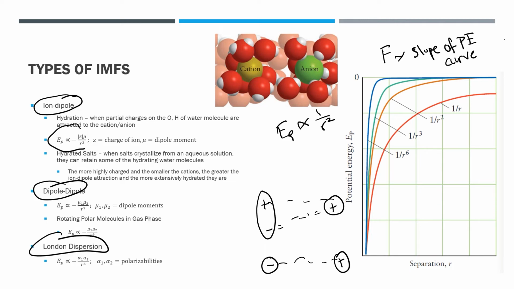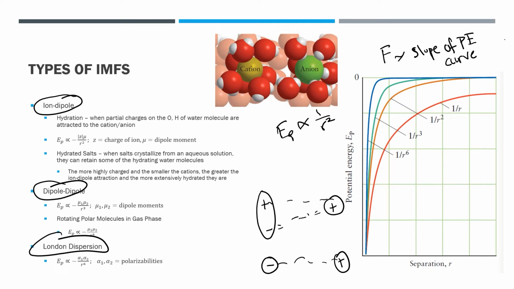So just another example of ion dipole interactions is we can see them with hydrated salts. Some salts, when they crystallize from an aqueous solution, retain these hydrating water molecules around them. That's just an example of these ion dipole forces at work. And the more highly charged and the smaller the cation, right?